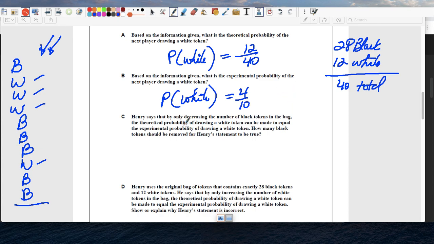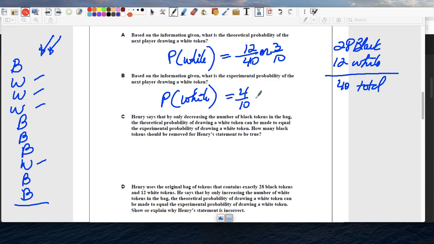Now Henry says that he wants this probability, and I'm going to simplify this. If I divide that by 4, I get 3 over 10. So we can tell clearly that in the experiment, we got more white tokens than expected. We were expecting 3 out of 10, we got 4 out of 10.